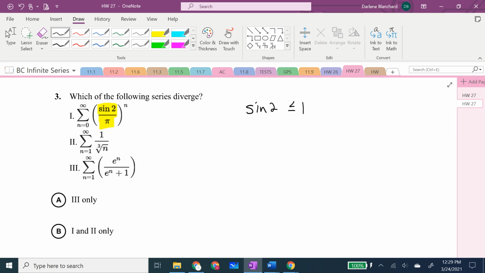So if I take something that is at best 1, maybe smaller, and I throw in absolute values around it just to push the issue, I am dealing with a geometric series where the r is 1 over pi or smaller in its absolute value. So I have something that is converging. It is a geometric series that will converge, and it's mostly because this is at largest 1 divided by pi.